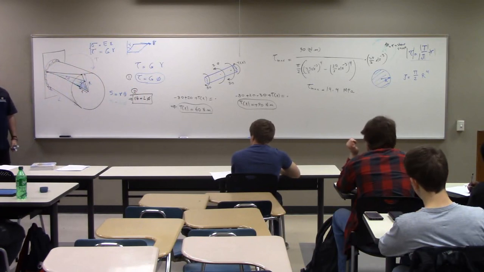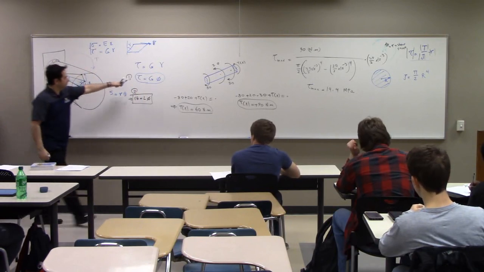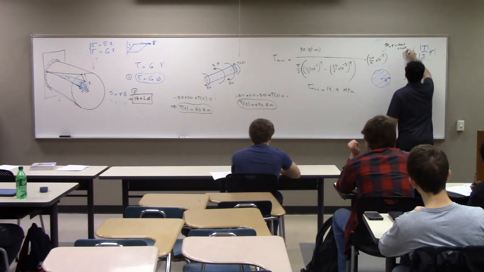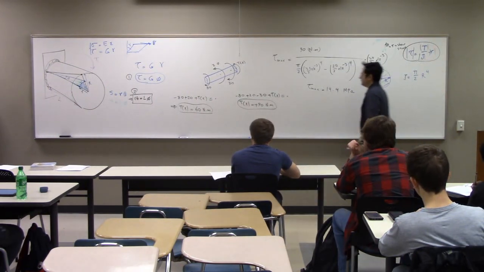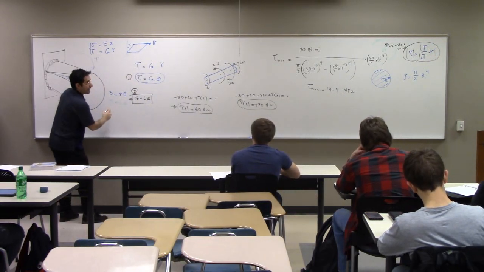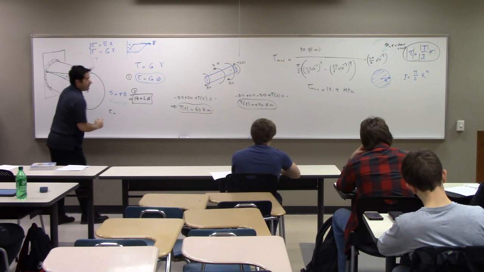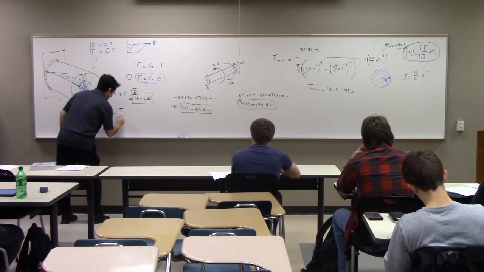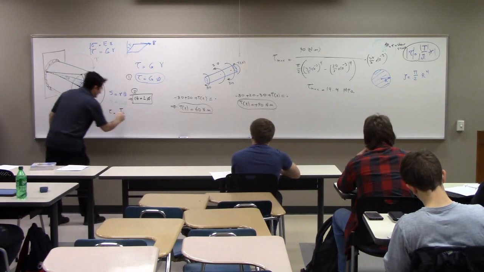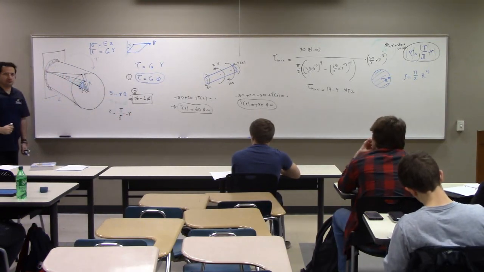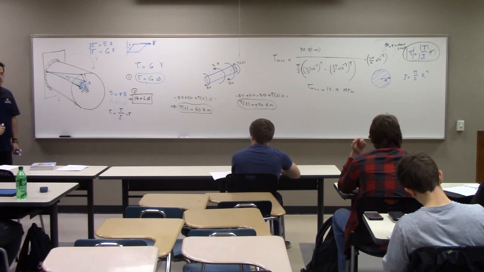And what is the third equation? Well, I need to have something for the shear. And the third equation is already here. I just wrote it there. We drew it in the last class. So I had tau is equal to T over J times R, at any section.